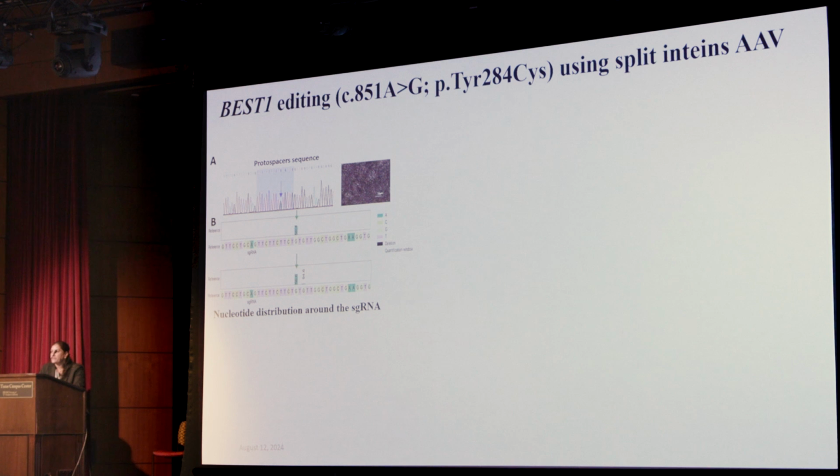Remember that it's a heterozygous patient, so half of the population is already normal and half is mutant. When we submit the sequence for high throughput targeted sequencing, 50% of alleles show A instead of G, which is the case in the patient because half of the alleles are normal.